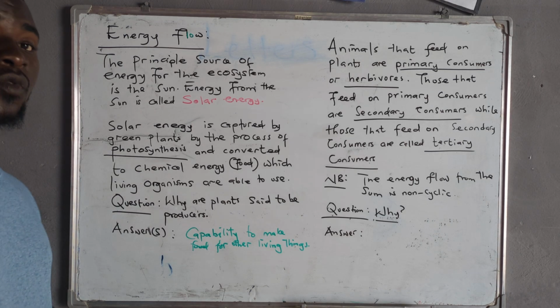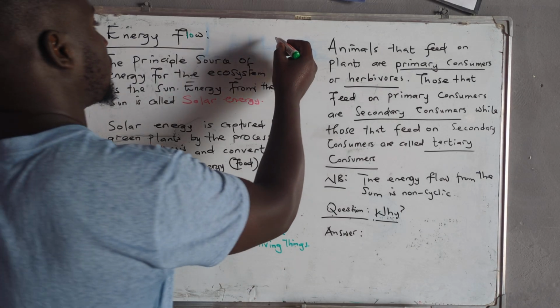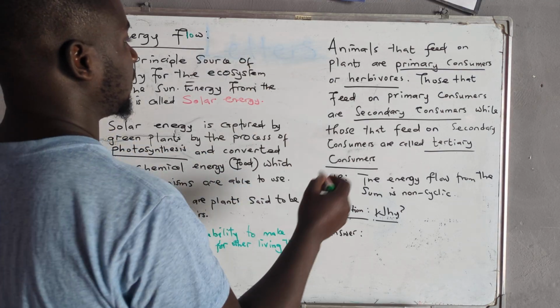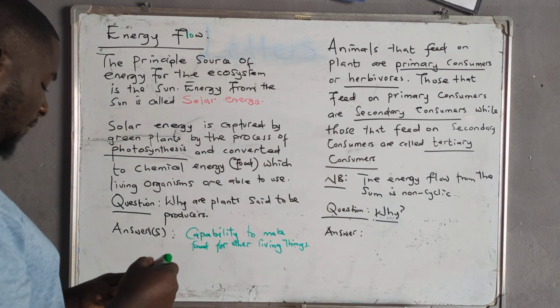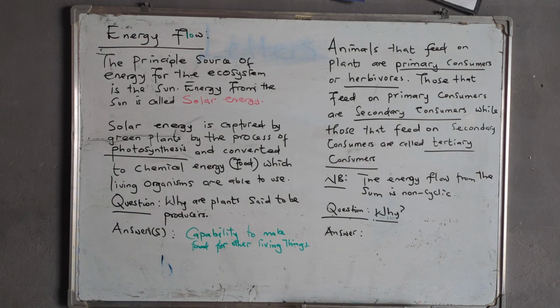Now, it is critical to understand that the energy flow from the sun is non-cyclic. What does it mean? The energy will come from the sun and go to the producer, from the producer to the primary consumer, but then energy is never returned to the sun.